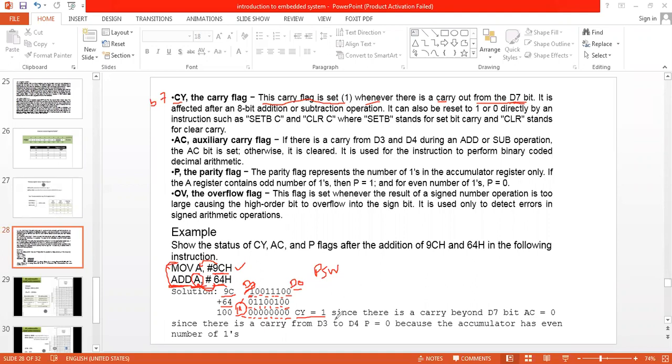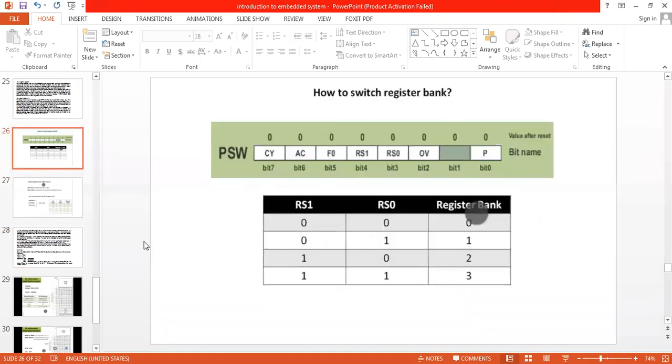So since there is a carry beyond D7 bit, that is why Cy is equal to 1. Is it understood, Cy? Then bit sum 0, carry 1.